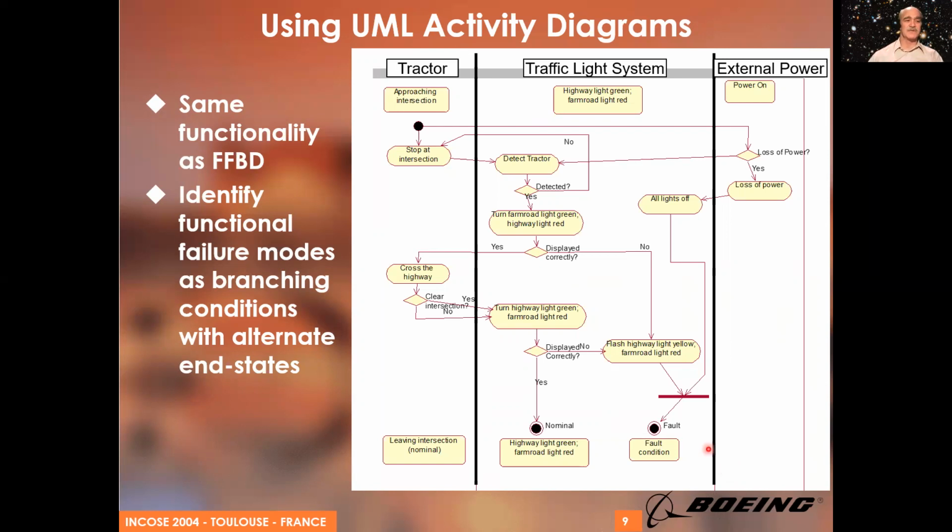But we represent these failure conditions as branches and assign behaviors then for the system of interest. But different inputs can lead to different activities based on what the condition is.